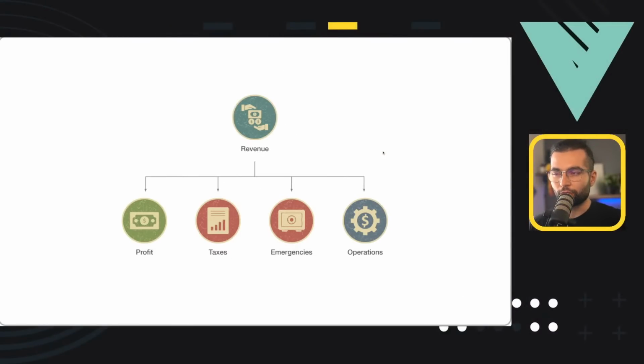So here is a bit of a representation of how it works. We have one common account at the top, the revenue, that will pour the money into the different accounts for different purposes.